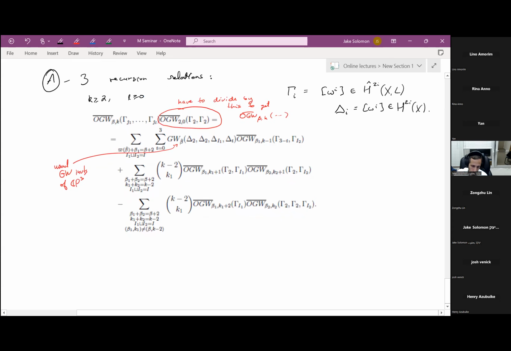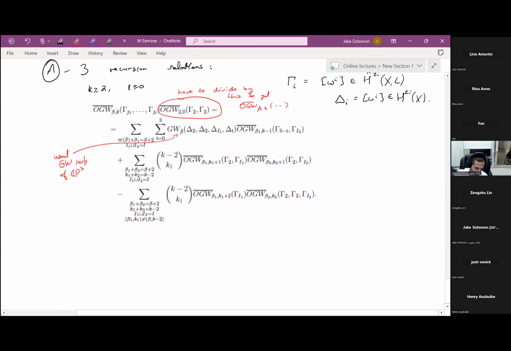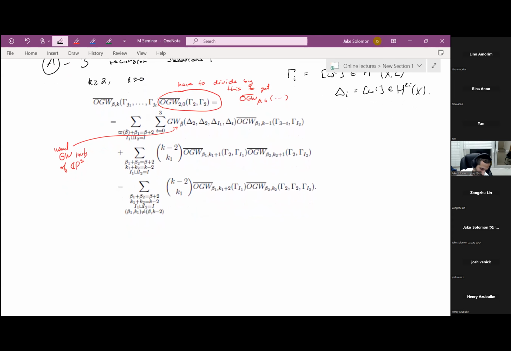Okay. So there's this recursion which involves dividing by an invariant. And one can see part of the result of the paper is that you can compute from different things that this invariant gamma 2 is equal to 35 over 64.